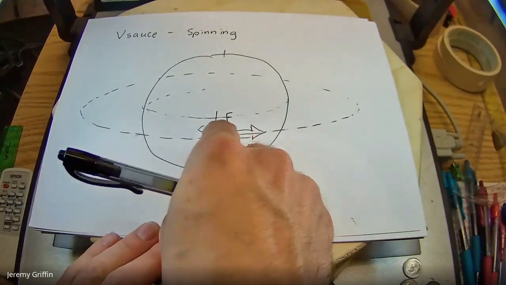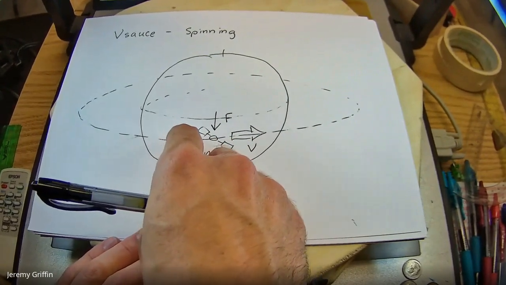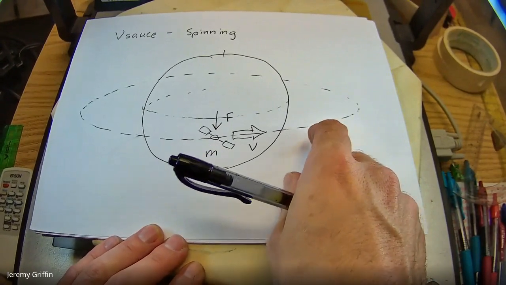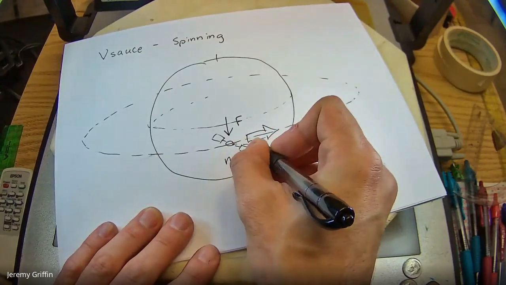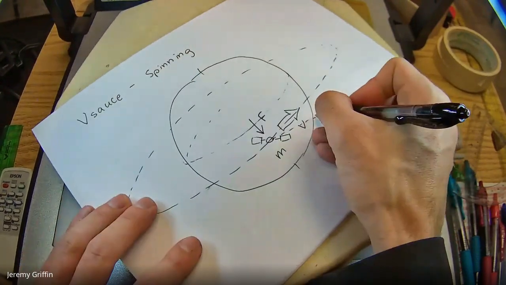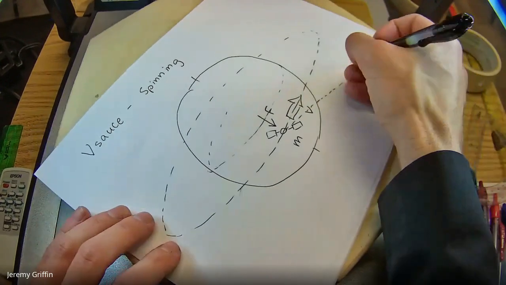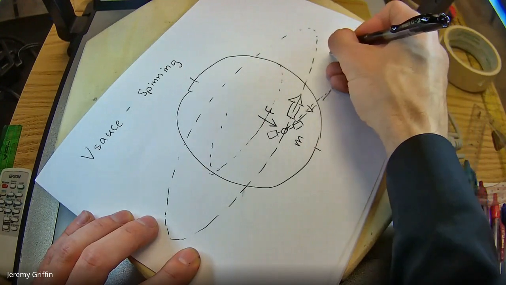Well, it already has some rightward momentum, so it's going to keep going to the right. But it's also been knocked downward, so it's going to take a path kind of like this. But of course, the gravity of the planet is going to pull it back, so it's going to stay in orbit. And its new orbital shape is going to look more like this right here.